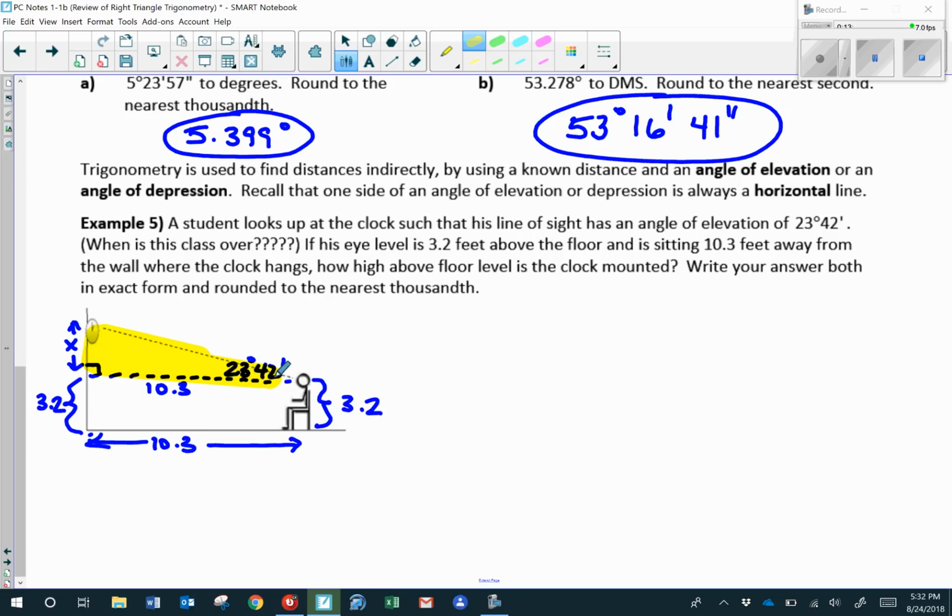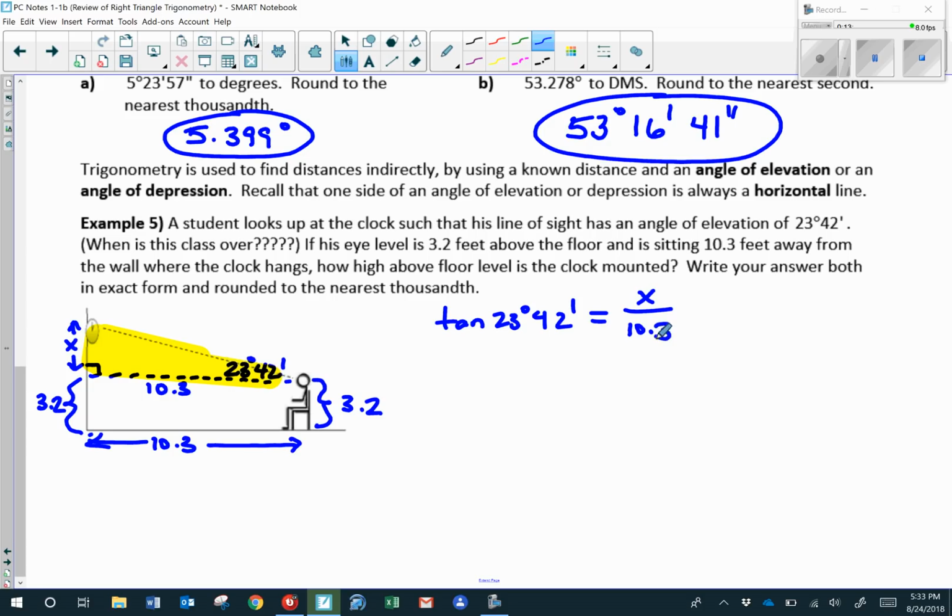As far as that angle is concerned, X is opposite and 10.3 is adjacent, so that means that we can use the tangent ratio. So the tangent of 23 degrees and 42 minutes is equal to opposite over adjacent, X over 10.3.